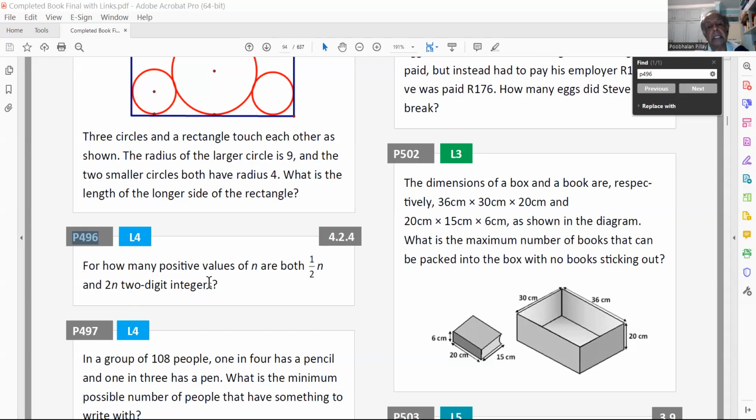The two-digit integers start from 10 and go up to 99. So you want this thing here to be a two-digit integer, and you want that to be a two-digit integer. So in other words, both of them must lie between 10 and 99, because those are the two-digit integers. So let's take it from there and see what we can make out of it.